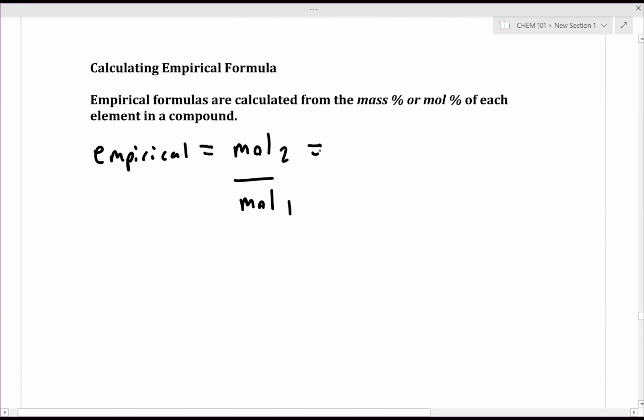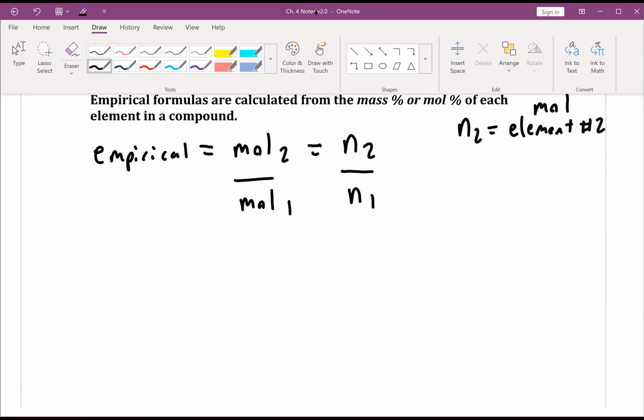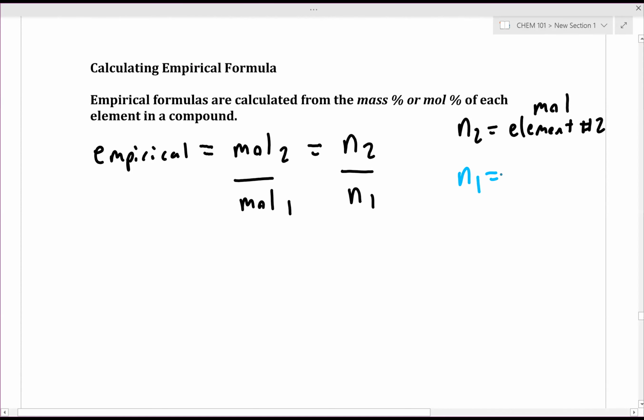I'm going to write the moles as N. So our empirical formula can be thought of as N2 over N1, where N2 is the moles of element number 2, and N1, which I'm going to write in a slightly different pen color to make things easier, is the moles of element 1.